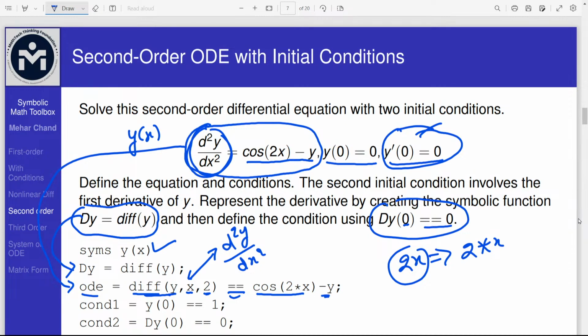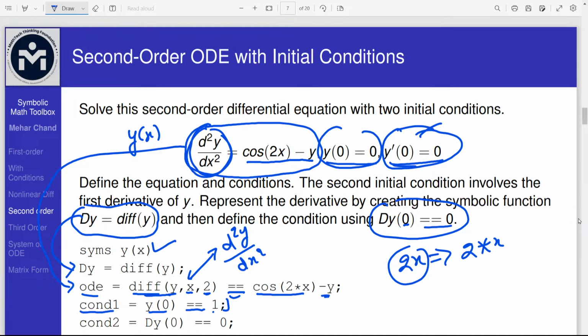Now we have two conditions. The first condition, condition 1, is y(0) is equal to 1. In MATLAB syntax this will be y(0) double equal to 1. This is the first statement, and we are using a semicolon to suppress the output.